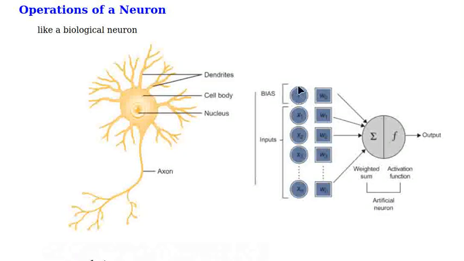The x0 here is 1, the bias. We multiply 1 by W0, then x1 by W1, x2 by W2, and so on. So we get these weighted products, and then we sum them together. We put the sum into an activation function and get the final output. We discussed that in a previous video.